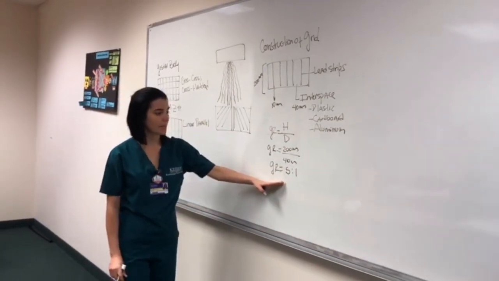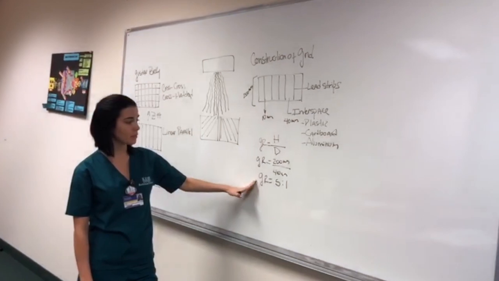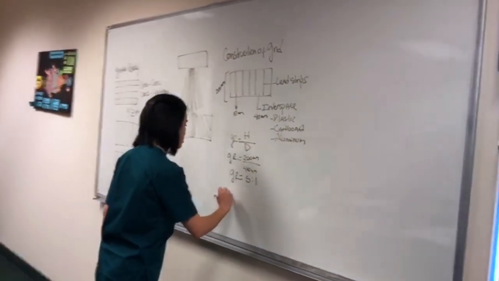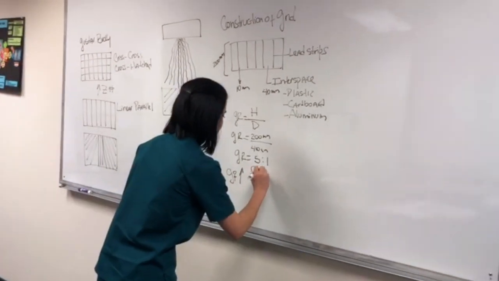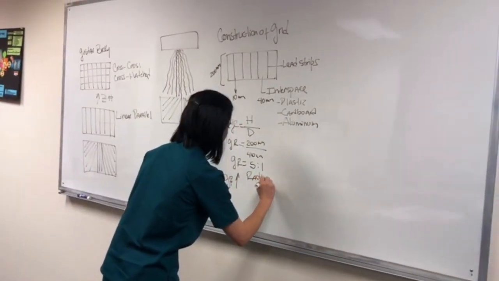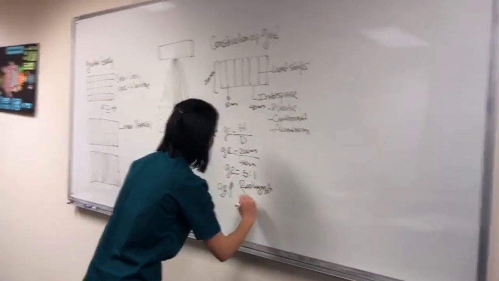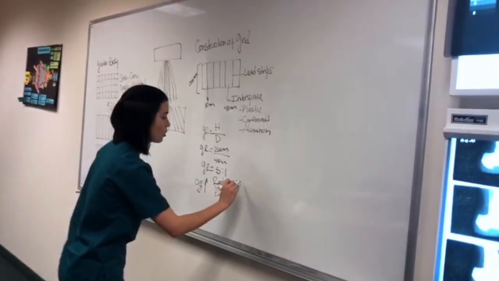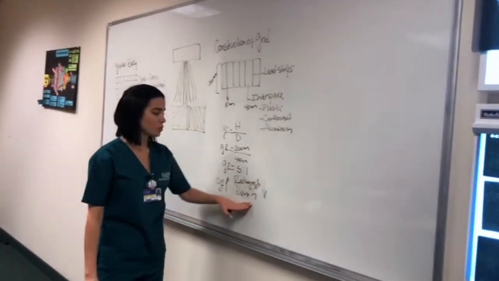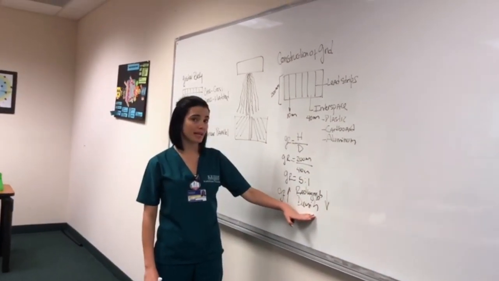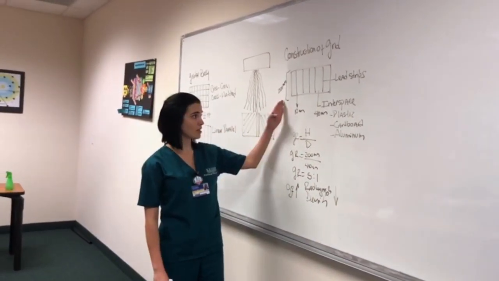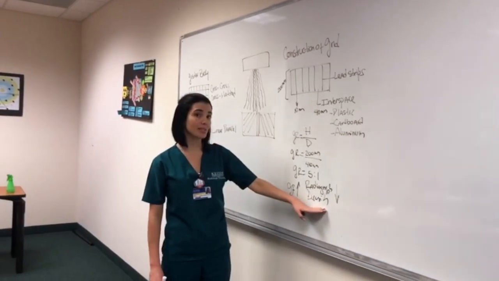Why does this matter? When the grid ratio increases, the radiographic density is going to decrease. To compensate for this loss, we need to increase the mAs, because the amount of X-ray photons decreases. Decreased mAs decreases the density.